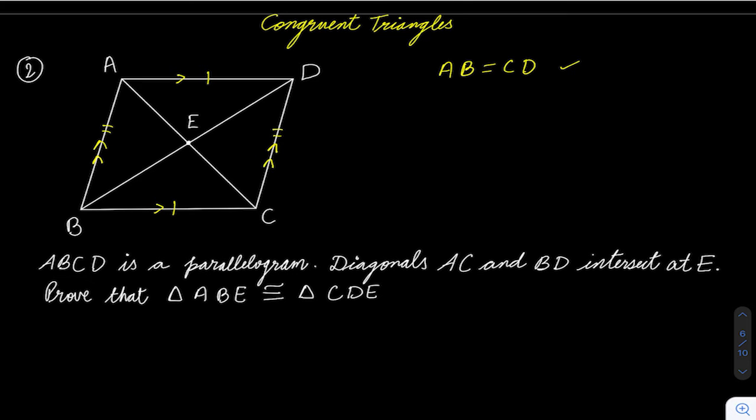If AB and CD are parallel, then angle BAE will be equal to angle DCE. Why are they equal? Alternate interior angles. Or you can simply write alternate angles.